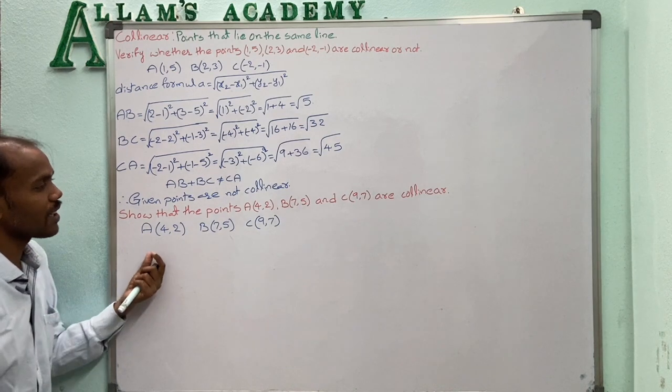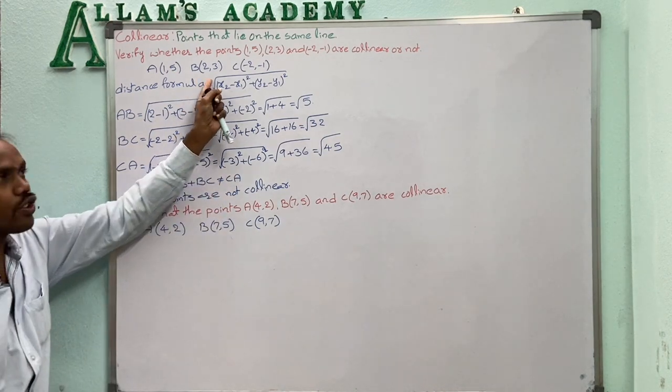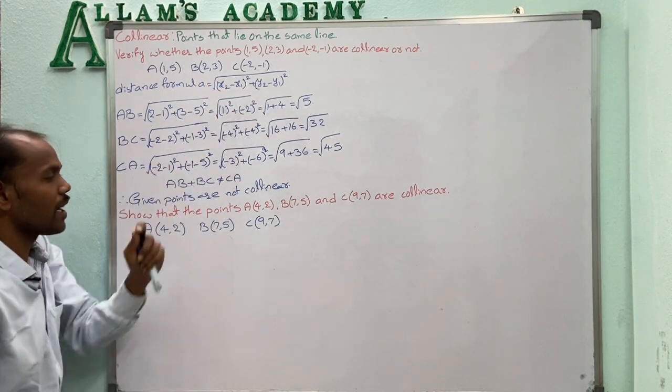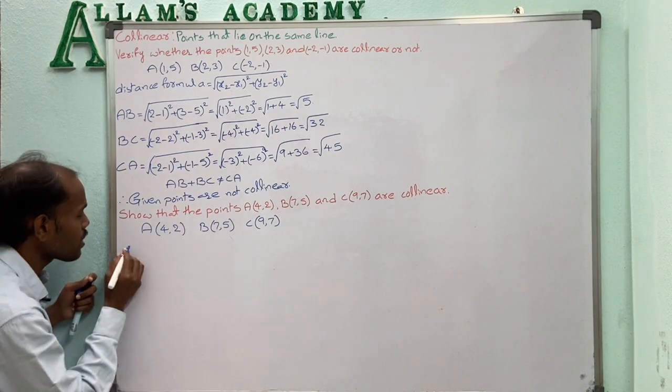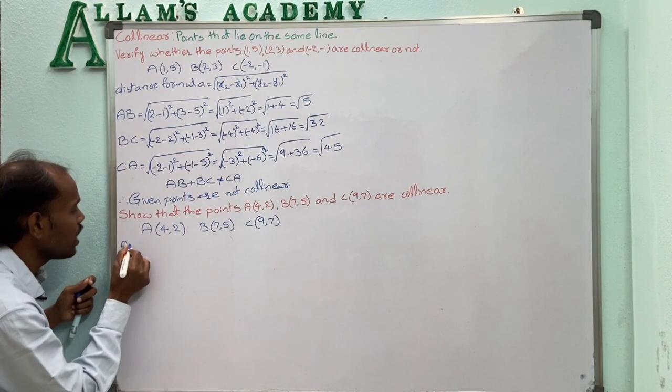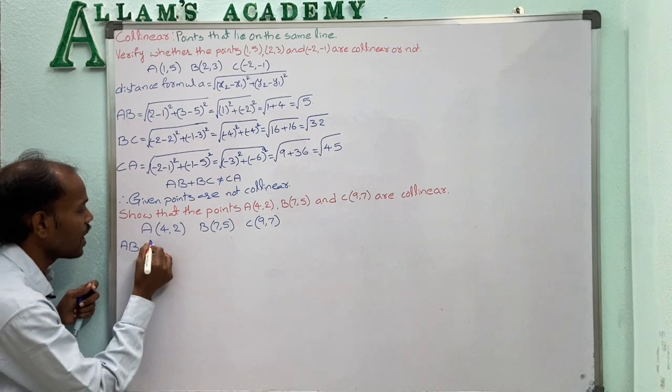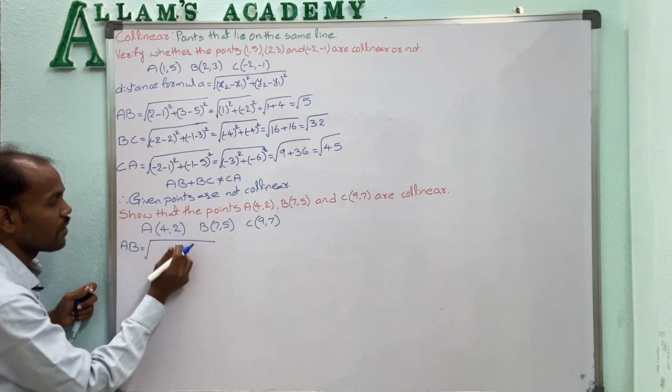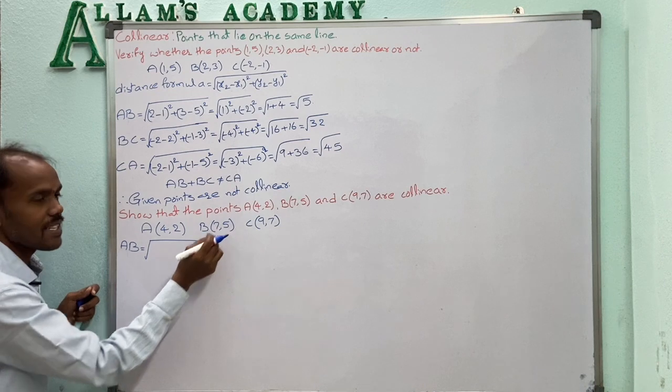We already know that the distance formula is under root (x2 minus x1) whole square plus (y2 minus y1) whole square. Now finding the distance between the two points A and B. Here A will be taken as x1, y1 and B as x2, y2.